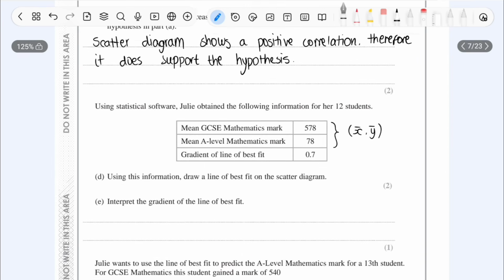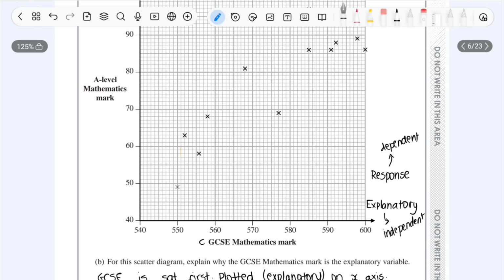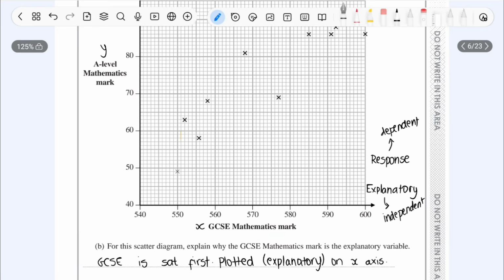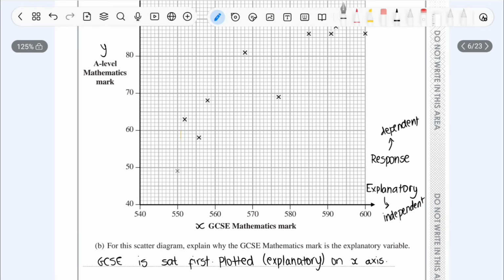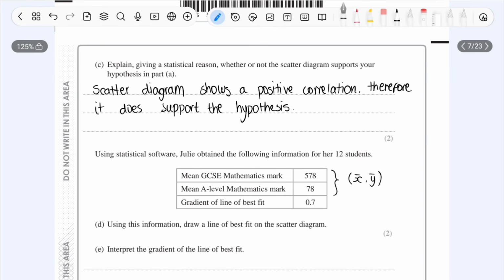We can clearly see that the x values here are our GCSE ones, and our y ones are your A-level maths. So we can write this in the x bar, y bar format with the GCSE and A-level respectively. So that does give us 57.8 as our x value and 78 as our y value.